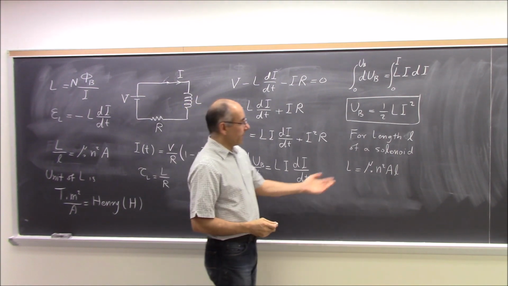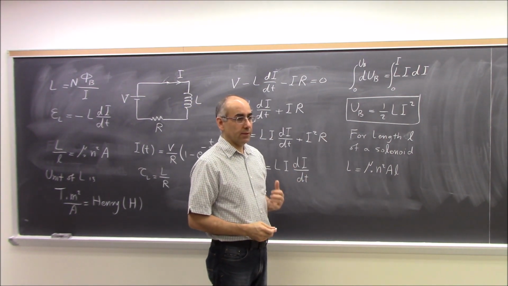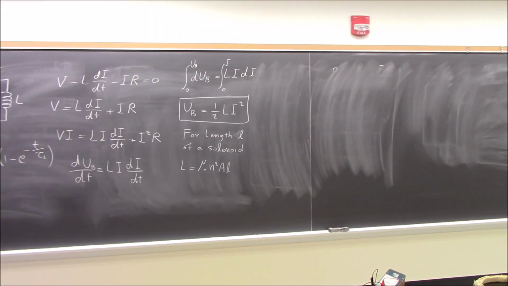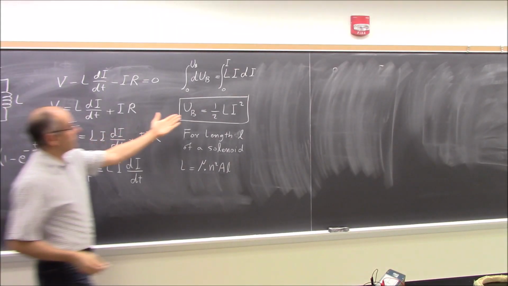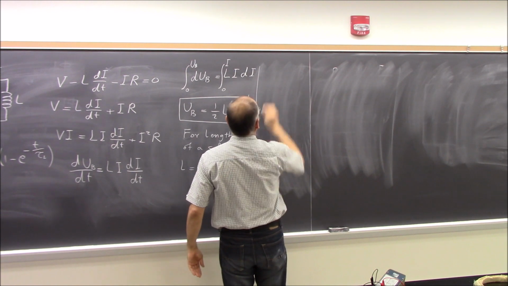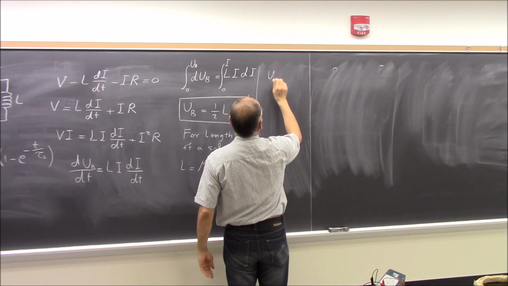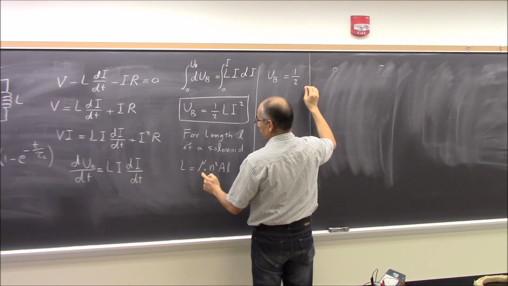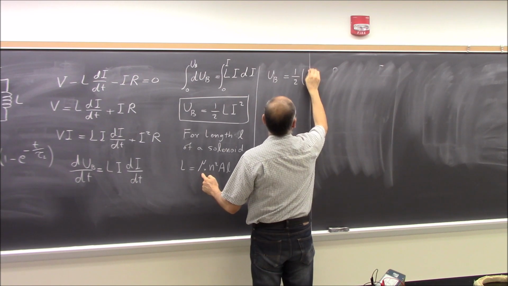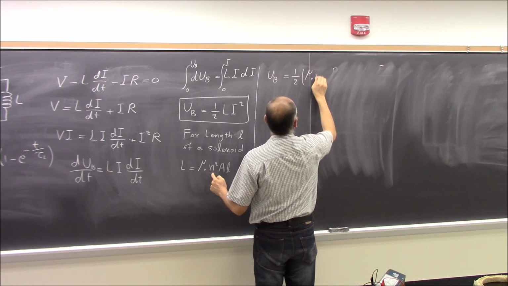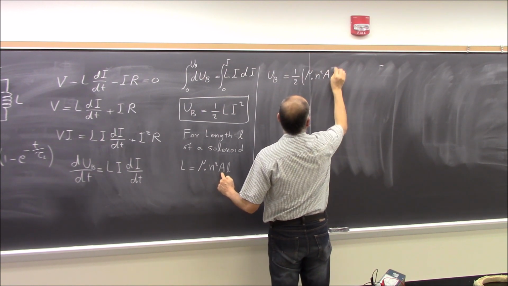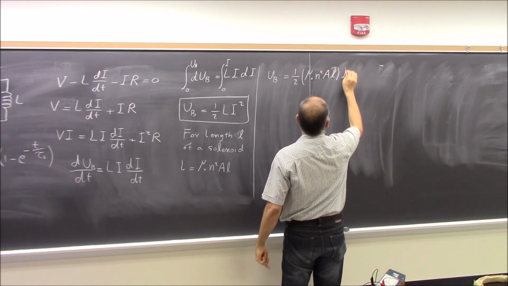And now we want to see how much energy is in that length l of the solenoid. The energy in length l is that much: U_B is equal to 1/2 L, which is mu naught n squared A l times I squared.